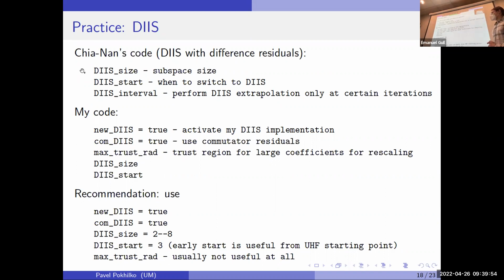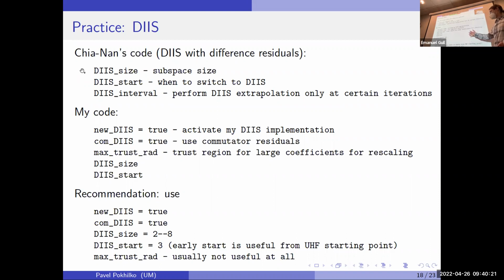It may not be optimal, right? But basically, this parameter specifies it. As a default, I set it to some big number, so it probably doesn't matter in practical calculations. So far, if you use a commutator formulation, then the coefficients are fairly small, and this is not needed at all.